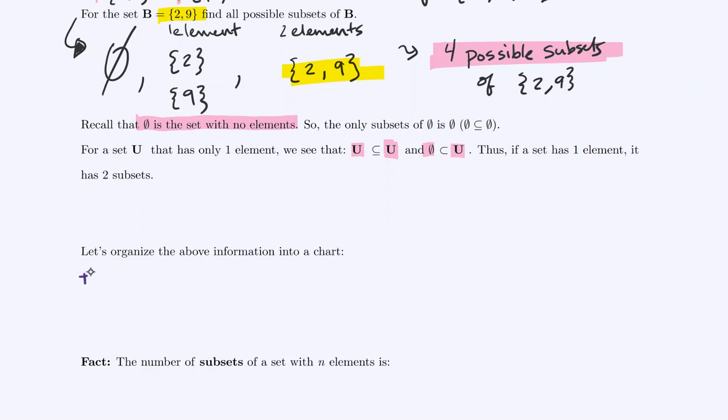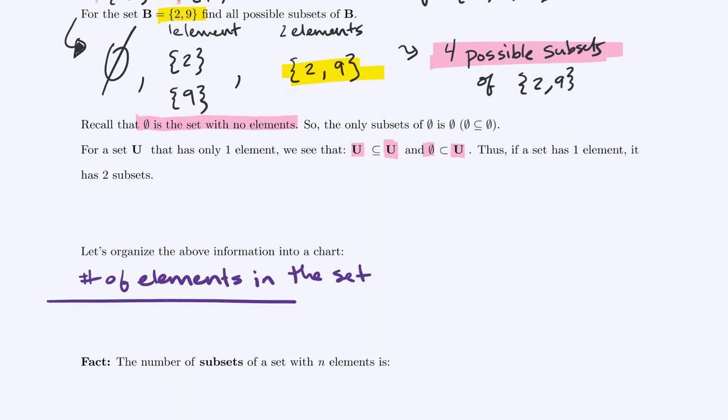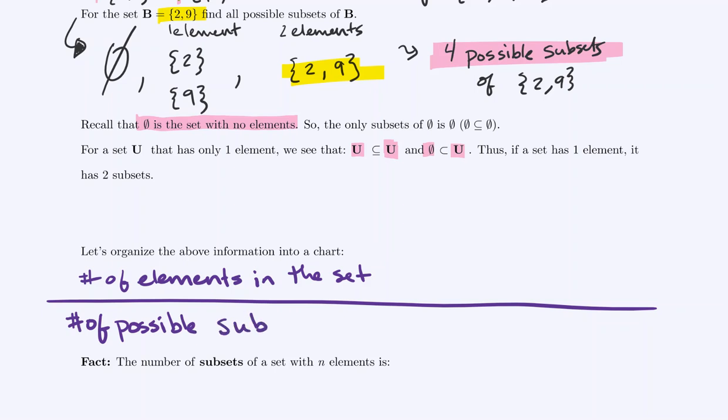So the key thing to know is, if we start with the number of elements in the set, and then relate that to the number of possible subsets, we're going to see a pattern.